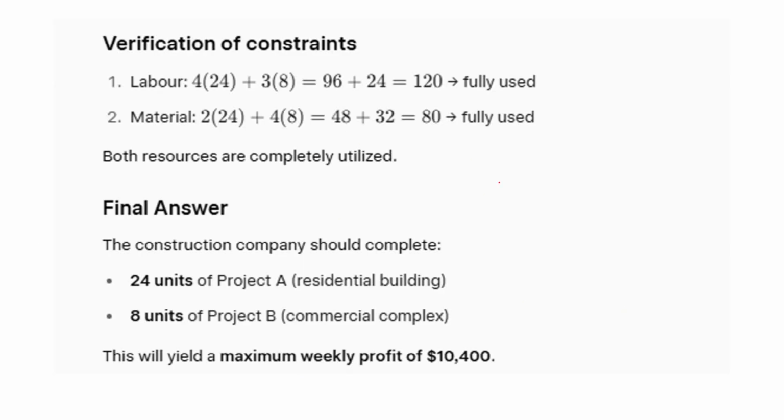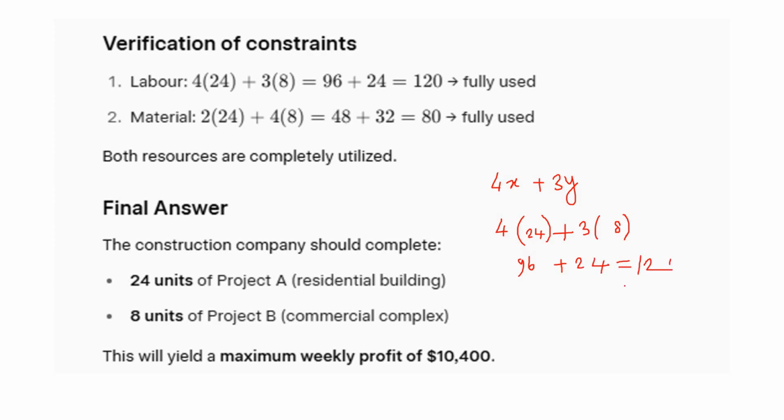Now we substitute in the formula 4x plus 3y. If you do that, 4 into 24 plus 3 into 8. So what do you get? 4 into 24 is 96. 3 into 8 is 24.